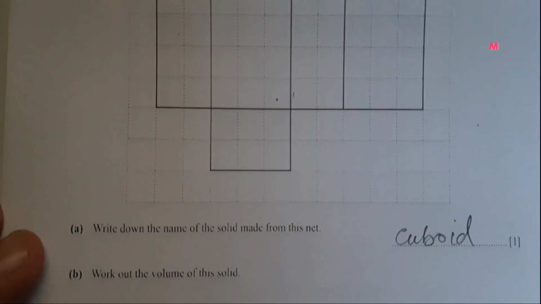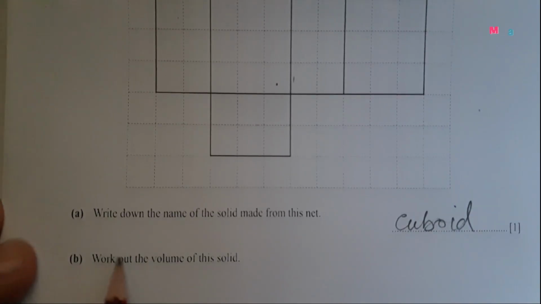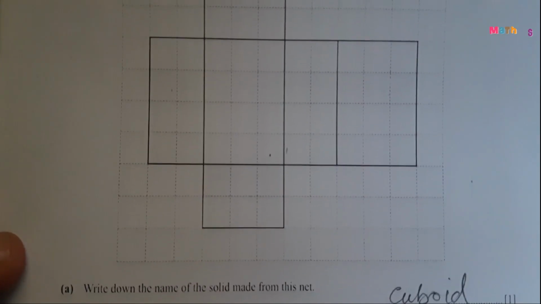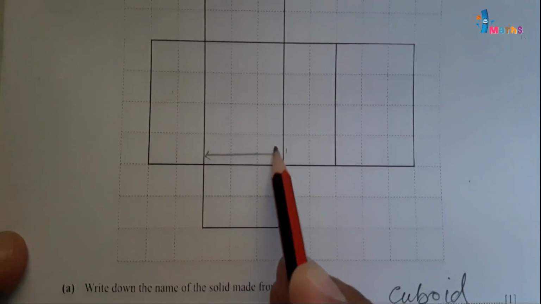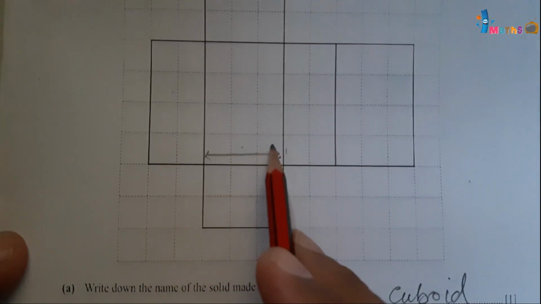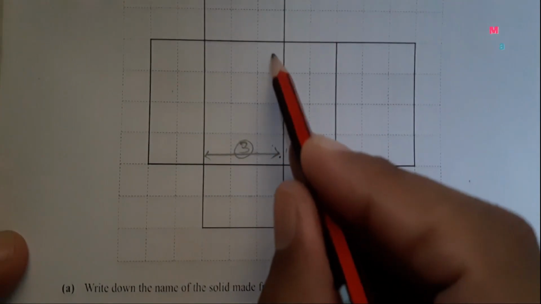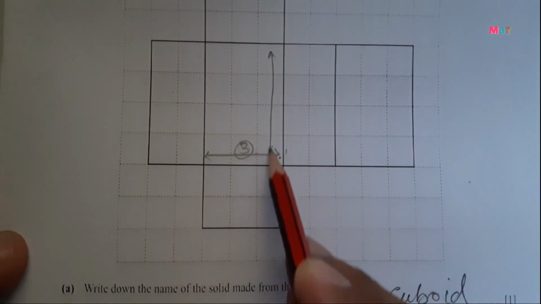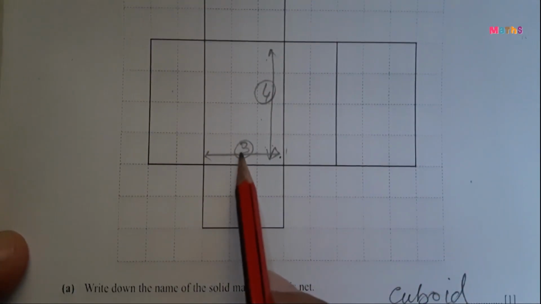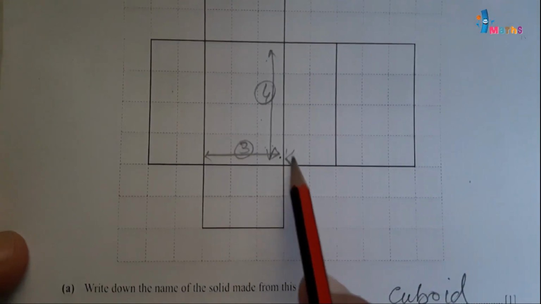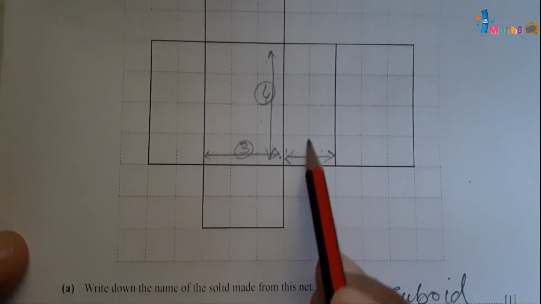Now the second part, work out the volume of this solid. To work out the volume, we check this is the width, 1, 2, 3 units, and this is the length, 1, 2, 3, 4 units, and the height will be this side, so 2 units.